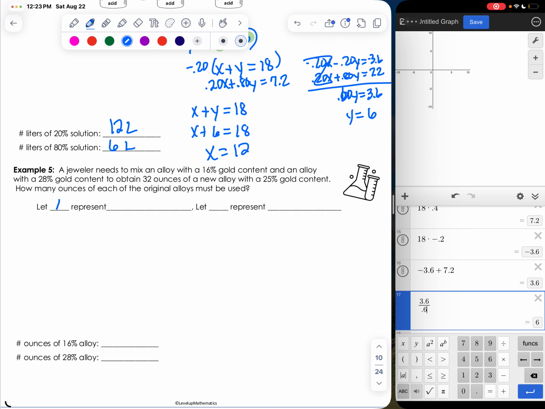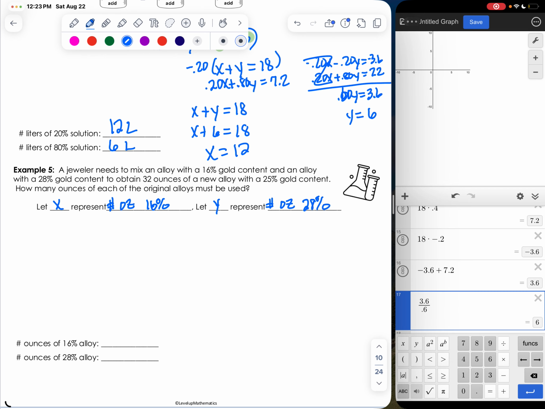So I'm going to let X represent the number of ounces of the 16% gold content, and I'm going to let Y represent the number of ounces of the 28% content.